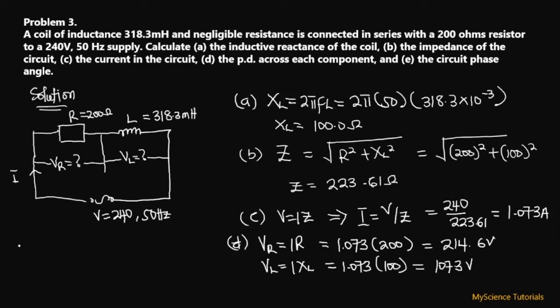Now here is a catch for you to verify if your answer is correct. We said that the applied voltage is the phasor sum of these two voltages, which is the square root of VR squared plus VL squared. Now we just found out that our VR is 214.6, so 214.6 squared plus 107.3 squared.